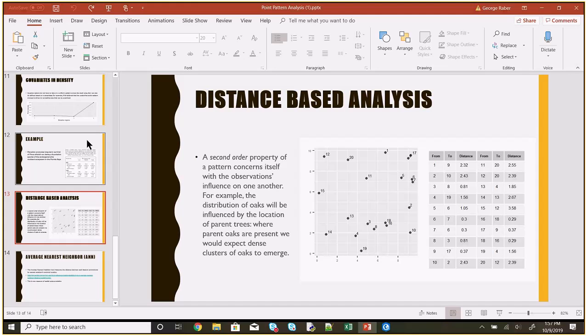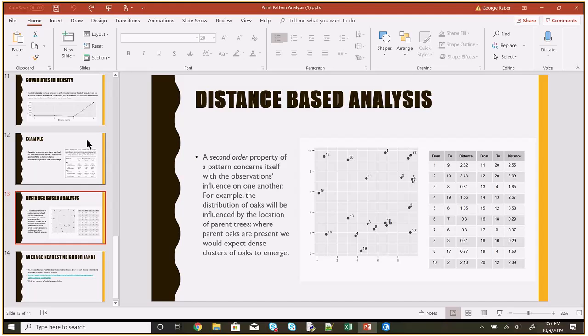So 1 and 9 are the closest. That's the distance. 2 and 10. So that's, I don't know where 10 is. 2, 10. I guess that's the closest one. So these are all those pairs, those point pairs. And that's actually the first step in most spatial autocorrelations.